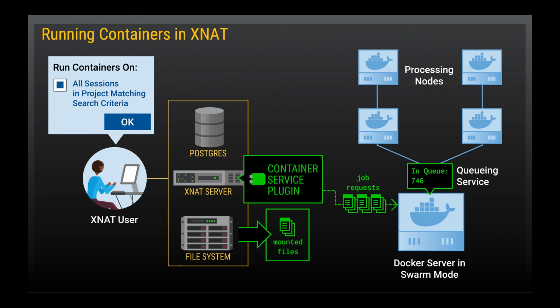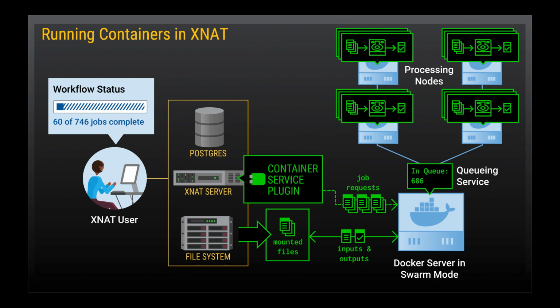So if I send a whole raft of jobs to the Docker server in swarm mode, those jobs get queued up, and then as processing nodes are available, containers are launched in bulk on each node in batches of 5, 10, 20, however many can be handled based on how much memory your command uses and how much memory is available in that processing node.